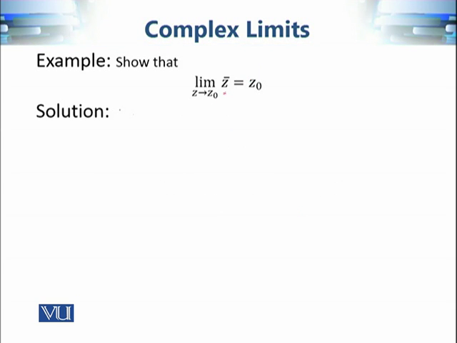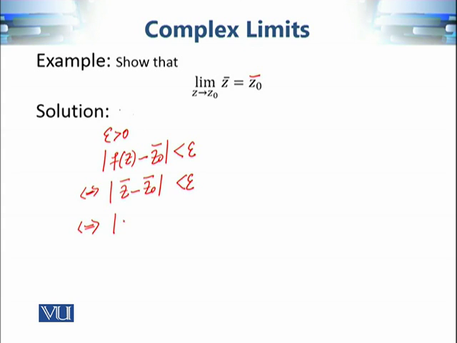Now let's see how to prove that this limit is equal to z0 conjugate. Take epsilon greater than 0, and what do we want to prove? We want to prove that the modulus of f of z minus z0 conjugate should be less than epsilon. This happens if and only if the modulus of z conjugate minus z0 conjugate is less than epsilon, and this happens if and only if the modulus of z minus z0, whole conjugate, is less than epsilon.